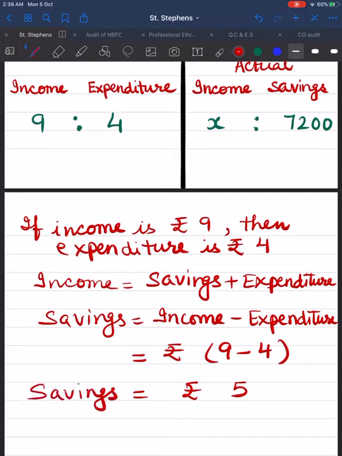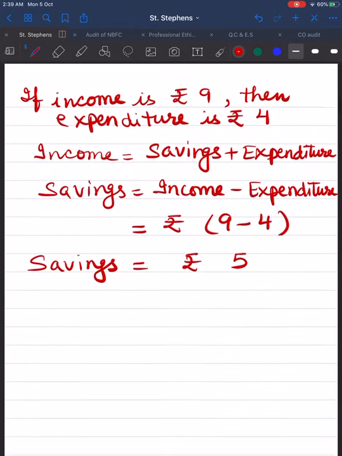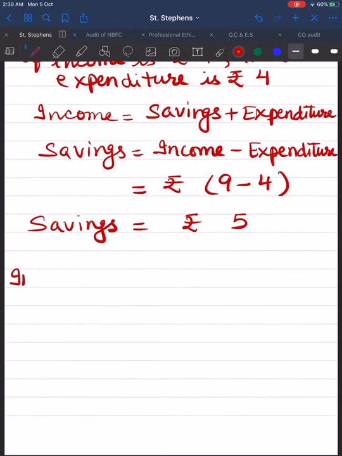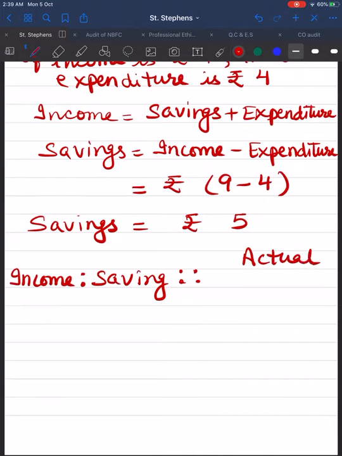So now we can write income ratio savings is proportion to actual income ratio actual savings.